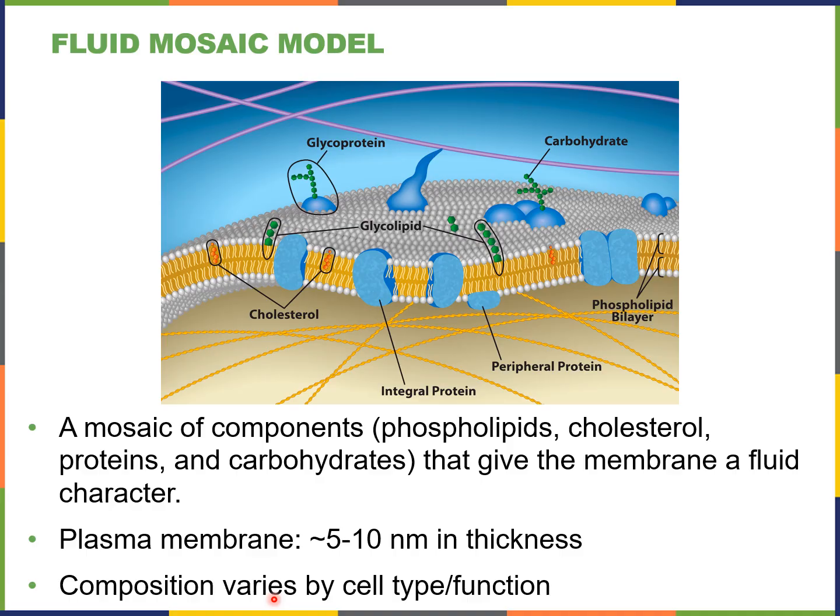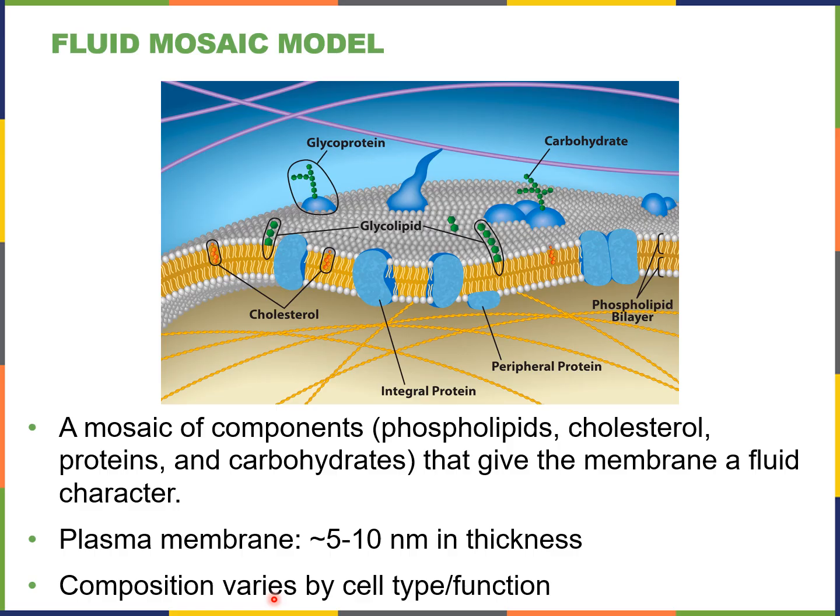The term fluid indicates that these components aren't fixed in one place. They can move laterally, like people in a busy crowd. This fluidity allows the membrane to remain flexible and functional.